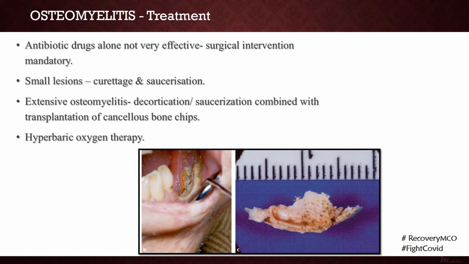Small lesions are generally curettaged, or a process called saucerization is done, wherein the piece of necrotic bone is gradually removed. In case of extensive osteomyelitis, decortication saucerization is combined with transplantation of cancellous bone chips.